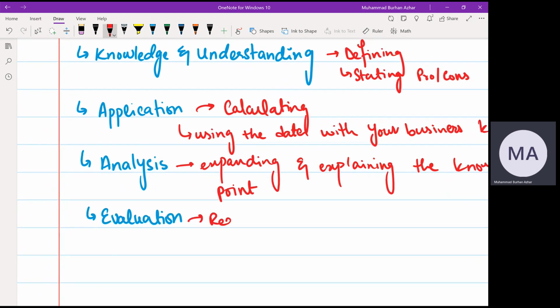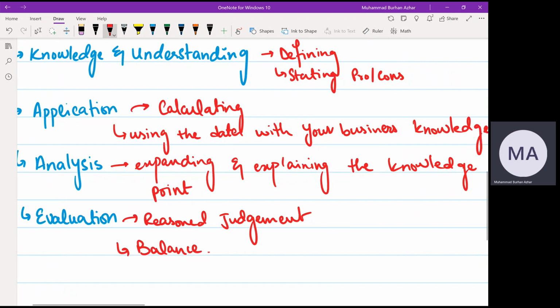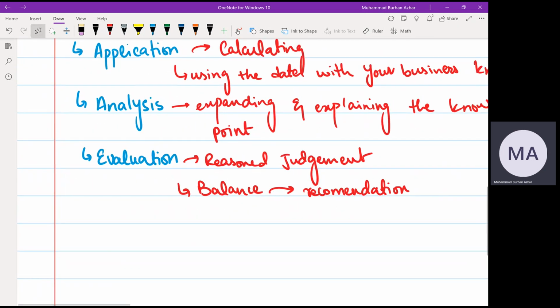Evaluation is basically reasoned judgment, या फिर we can say कि it is a balanced argument, कि आपने उन दोनों arguments के अंदर एक balance create किया and then you are evaluating, you are giving a recommendation या something final में कि किस तरह वो concepts apply होने चाहिए in what particular context, and we'll talk about this when we are answering the questions.